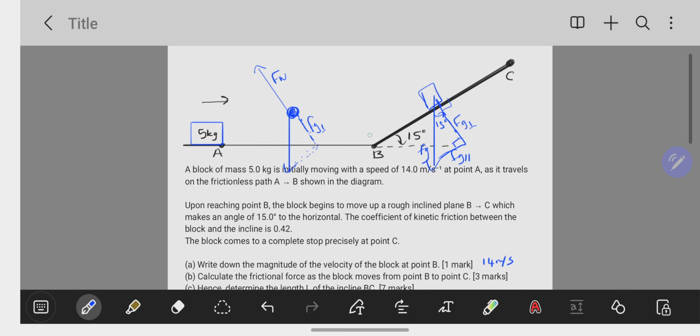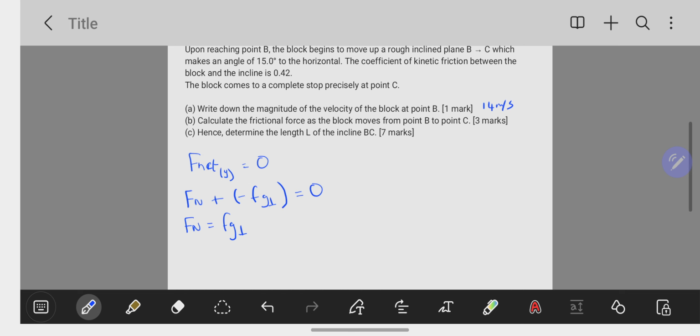Now I need to know how to find that FG. So when we look at that triangle, this being FG, now what is FG? It's mg, right? It's mass times acceleration due to gravity, and then that is our theta right there.